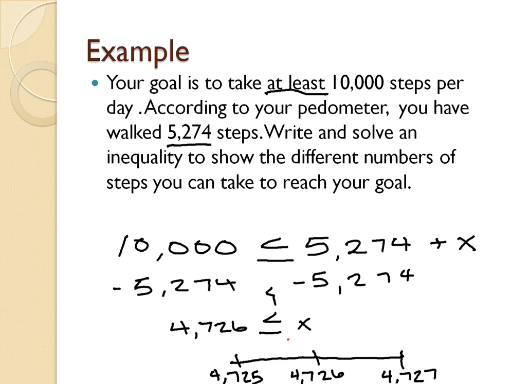Now, what kind of circle goes on our number here, 4,726? It's going to have to be a closed circle because this is greater than or equal. That or equal bar right here always means closed circle. Which direction are we going to go? Well, we're saying that x is greater than this number, so it has to be all the numbers to the right.